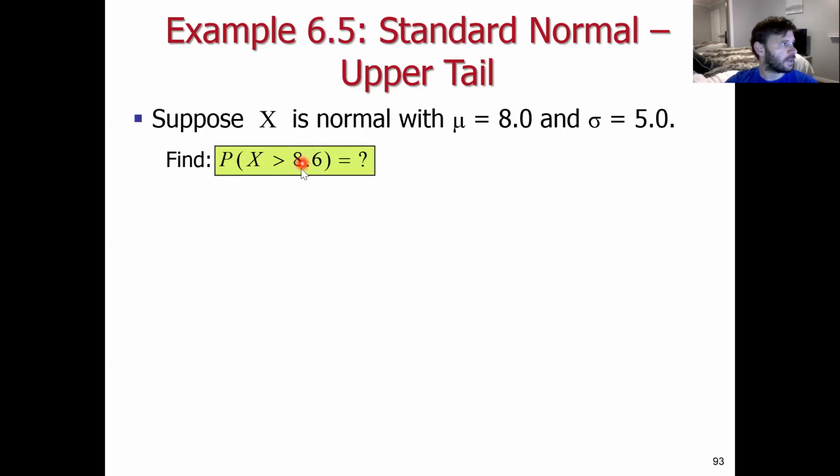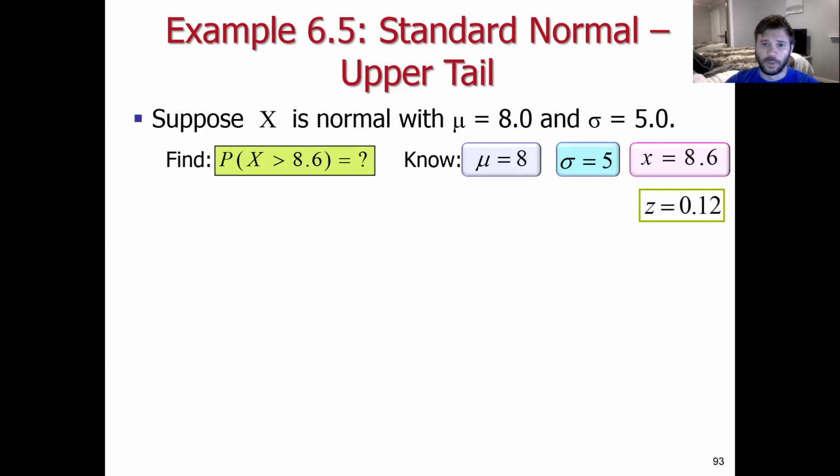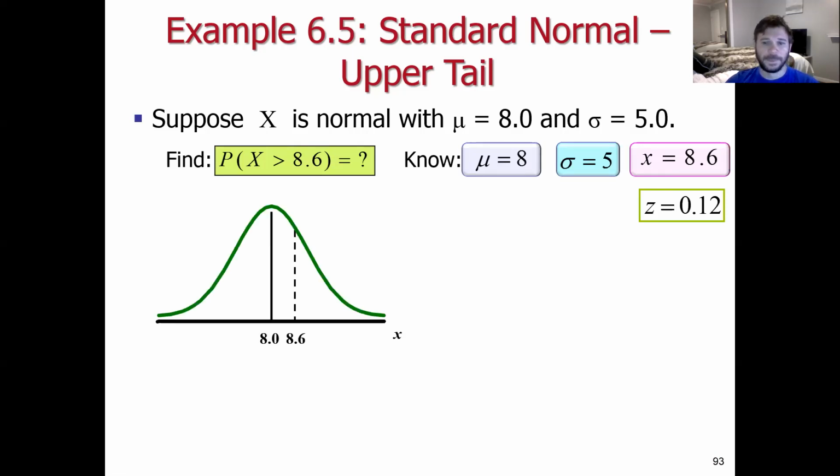So we take 8.6, subtract the mean of 8, divide by the standard deviation of 5, and that will yield a Z value of 0.12. So again, we started in X space, we are being asked to find the probability in the upper tail in this example, and we've converted the problem into Z space here.